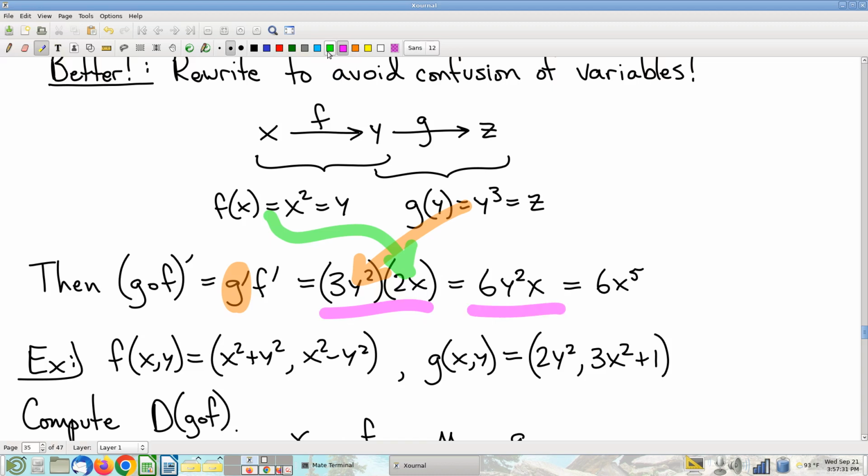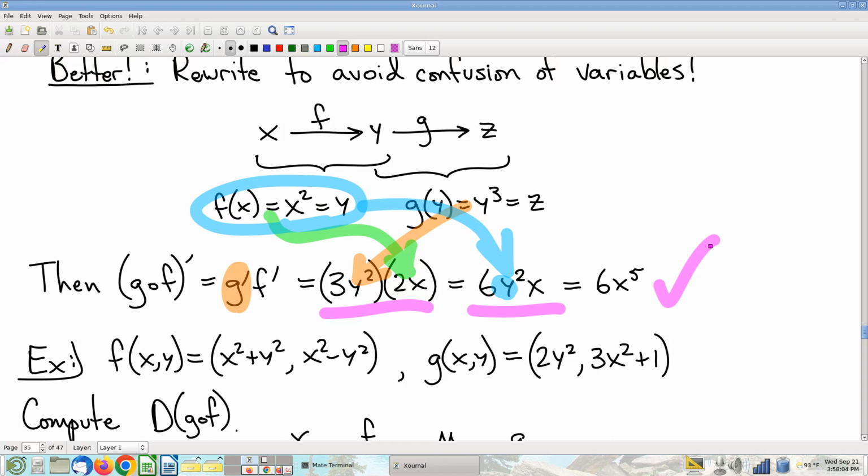And then again, don't forget what y is. y is the input to g, and that means that it's the output from f. y is x squared. And plugging this into there gives you the right answer. I meant to do that in purple. There we go. Is that cool? Everybody see? So just avoid the confusion of variables in the first place, and there is no problem to be worried about.